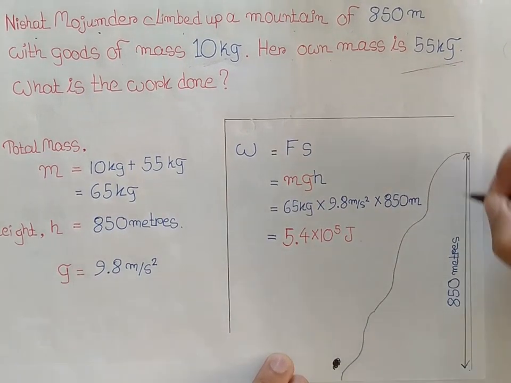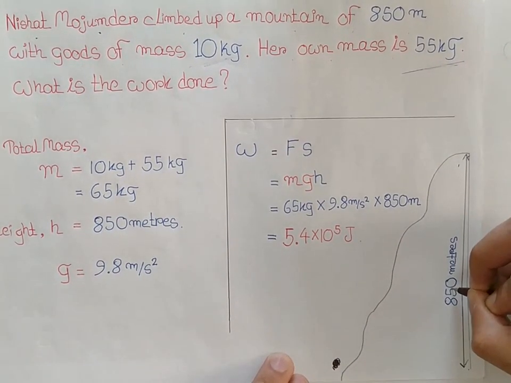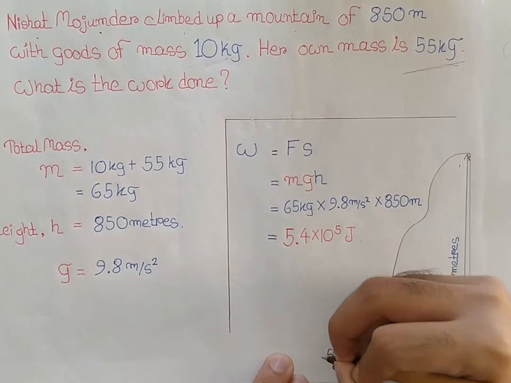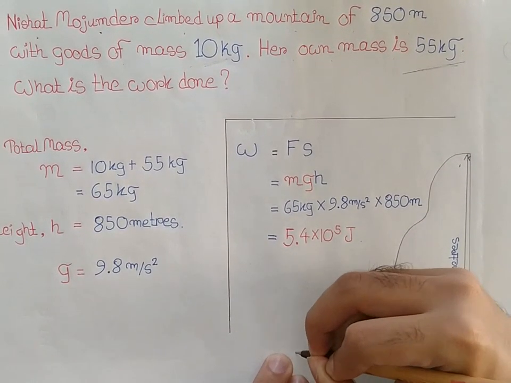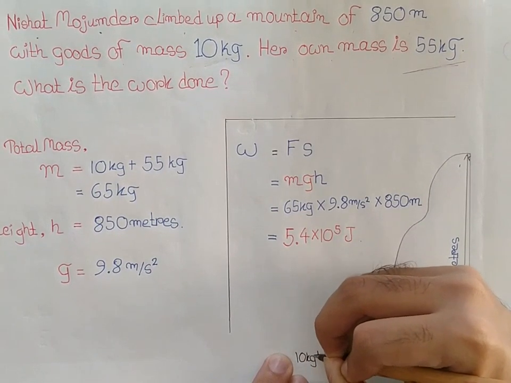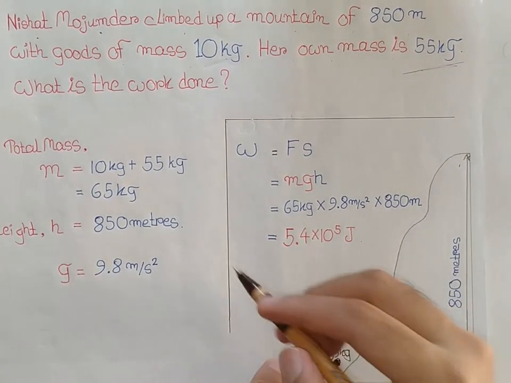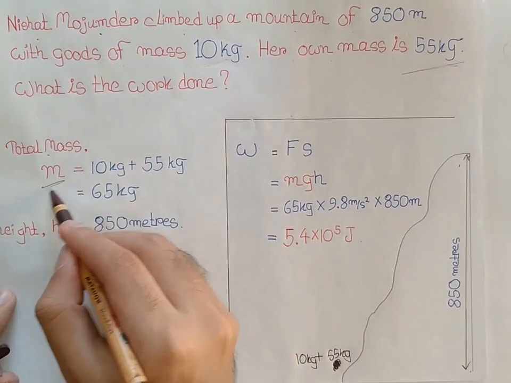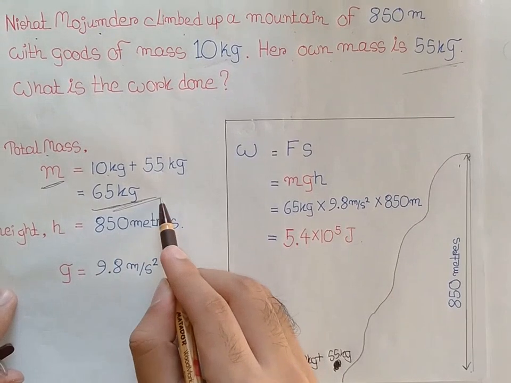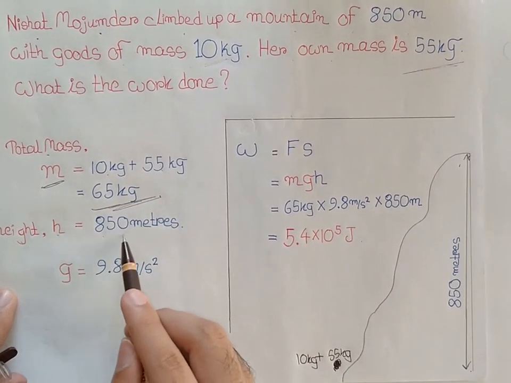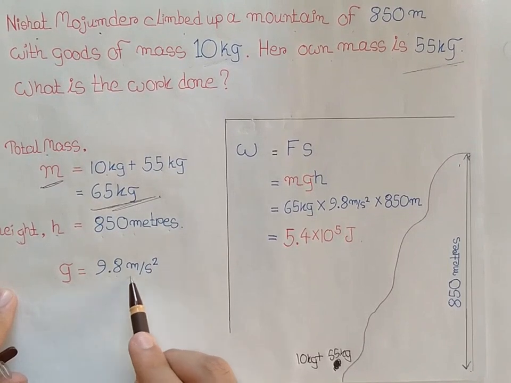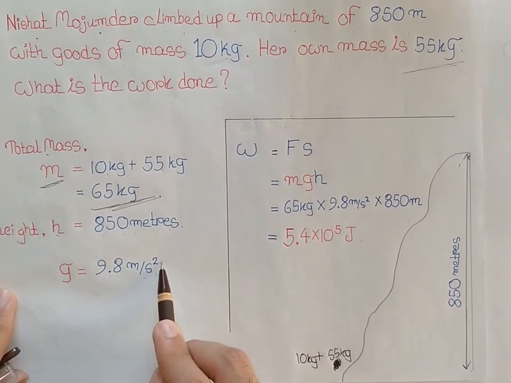The height of the hill is 850 meters and her mass is 55 kg. And she has a bag in which she has goods of 10 kg. Which means total mass M equals to 10 kg plus 55 kg is 65 kg. Height is 850 meters and g is constant 9.8 meter per second square.